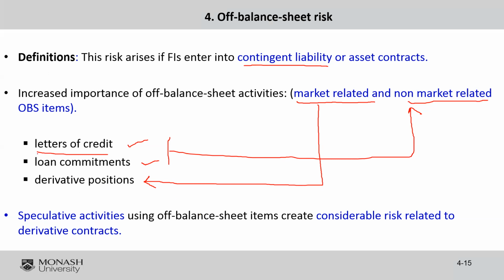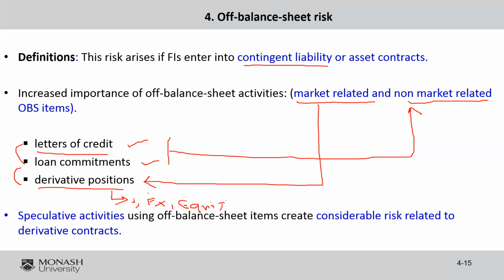So derivative positions, whether we are talking about non-market related or market related, and we call it market related because these derivative contracts are related, they will be changed if the interest rate changes or the exchange rate changes or the equity market changes.